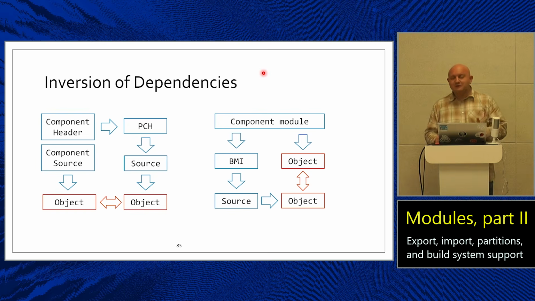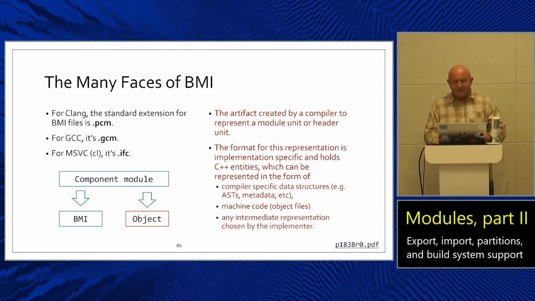So now let's finally talk about what this mysterious BMI actually is. The funny thing about BMI is that everyone agrees on the concept outlined here, but absolutely no one agrees on the format. Clang calls them PCM files. GCC, GCM files. MSVC prefers IFC files. And all of this is not just different names for the same kind of weird artifacts. These are different artifacts, different files.